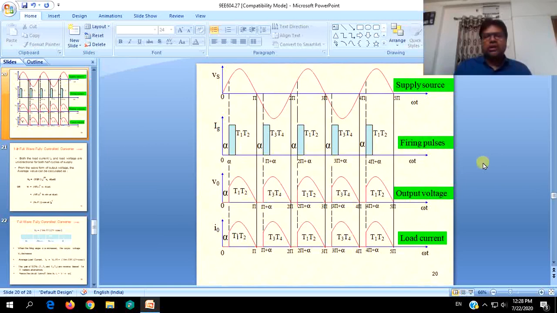And we have elaborately discussed the single phase, full wave, fully controlled bridge converter. In the next session, we will continue our discussion on the same topic when the load is RL, that is when an inductive load is taken, how the circuit will perform, how these waveforms will change, and we'll try to compare it with the half wave converter also.